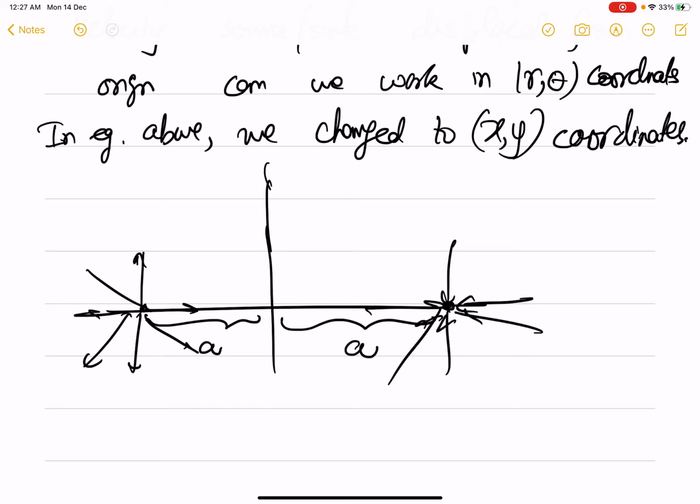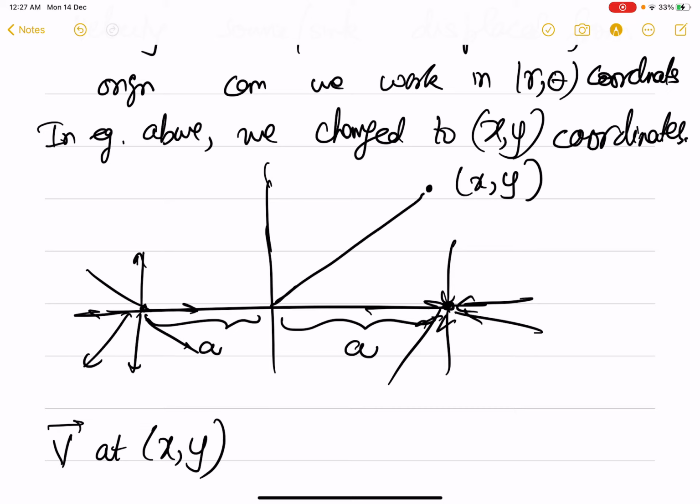So this is A and this distance is also A. Now, if I have a point x comma y, I want to find the velocity at x comma y. If I join x comma y, this length is r and this angle is theta.